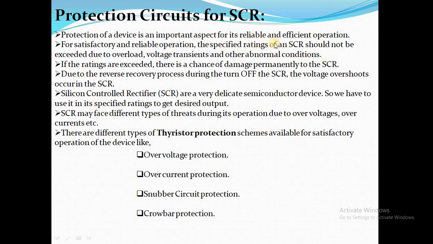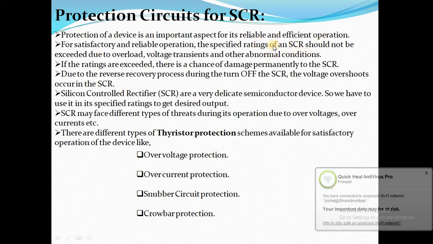Specified ratings are used only to check the condition of that SCR. If the supplied voltage, current or temperature exceeds the ratings, then that SCR may get damaged.